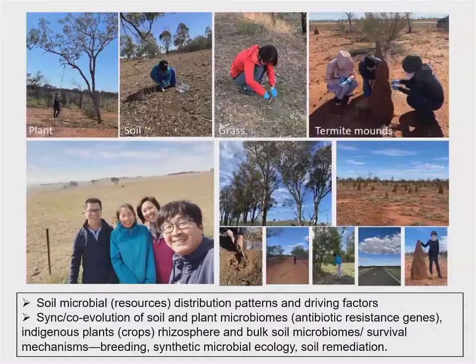So we will do some further studies of the soil microbiome and its relationship to the plant microbiome. Particularly, we try to understand the indigenous plants or habitats, the soil microbiome and their relationship with the plant microbiome.